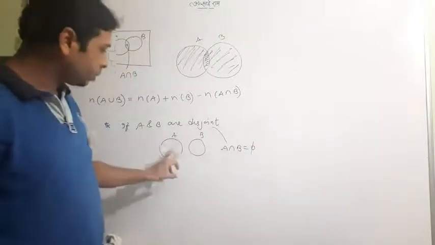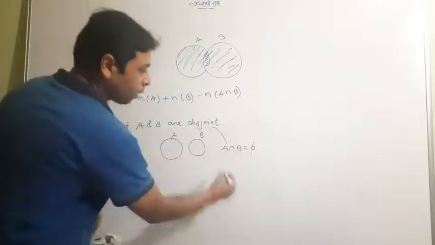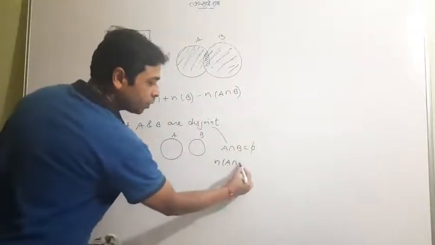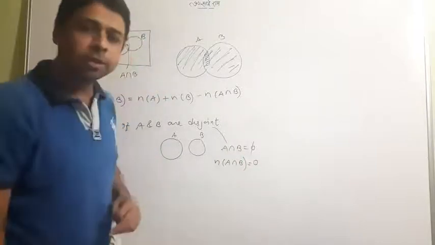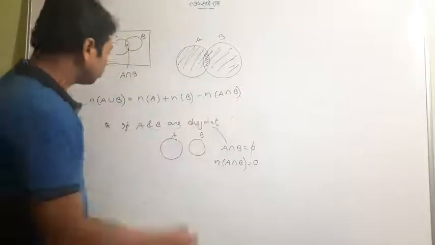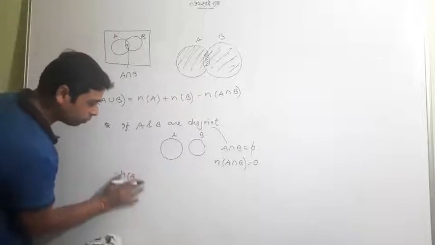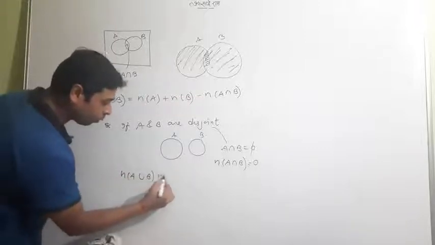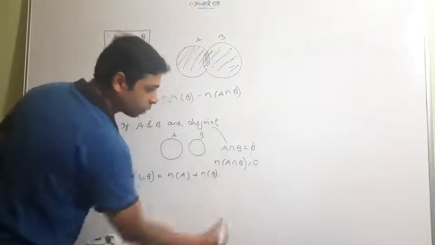When there is no common element, A intersection B will be phi. So n of A intersection B will be the number of elements in the phi set, which is 0. Null set has 0 elements. So this part will be 0, and your formula will become n of A union B is equal to n of A plus n of B. This time the intersection will not come.